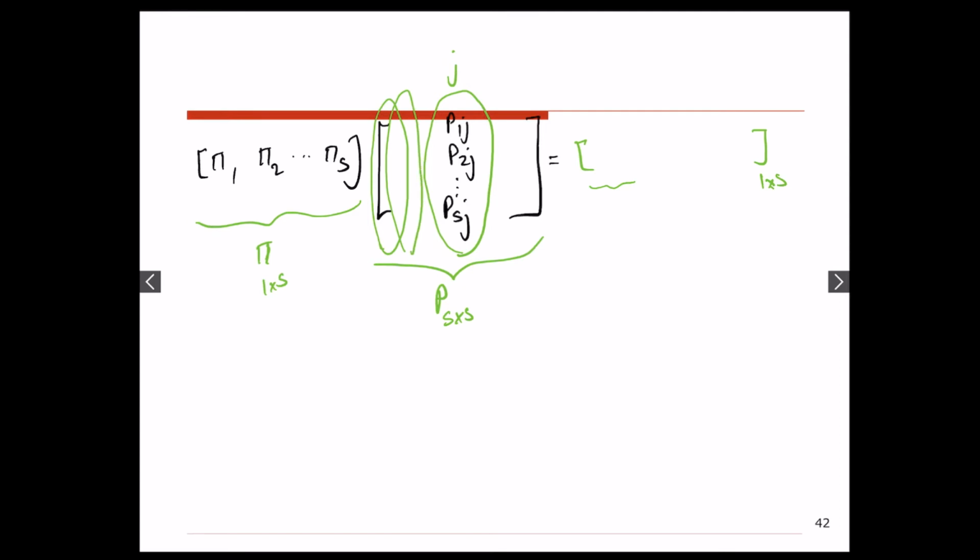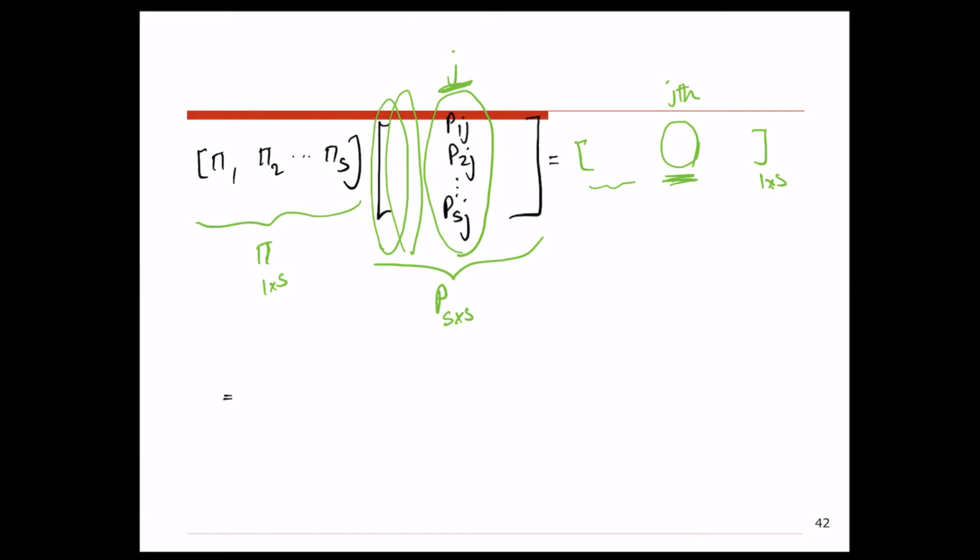So if I multiply vector pi by the jth column of this matrix, the value is going to sit here in the jth element of this final vector. So let's see what value is going to sit here. What is the result if we multiply vector pi by the jth column of matrix P?